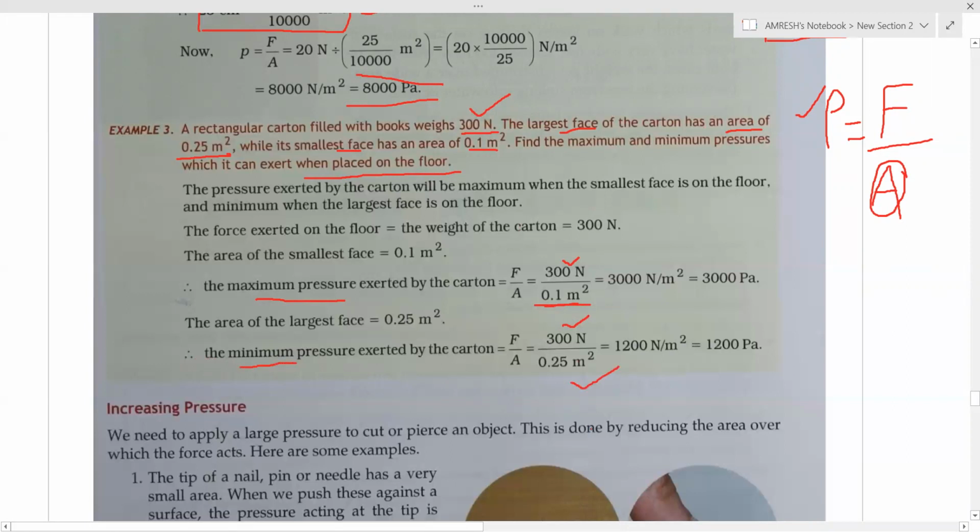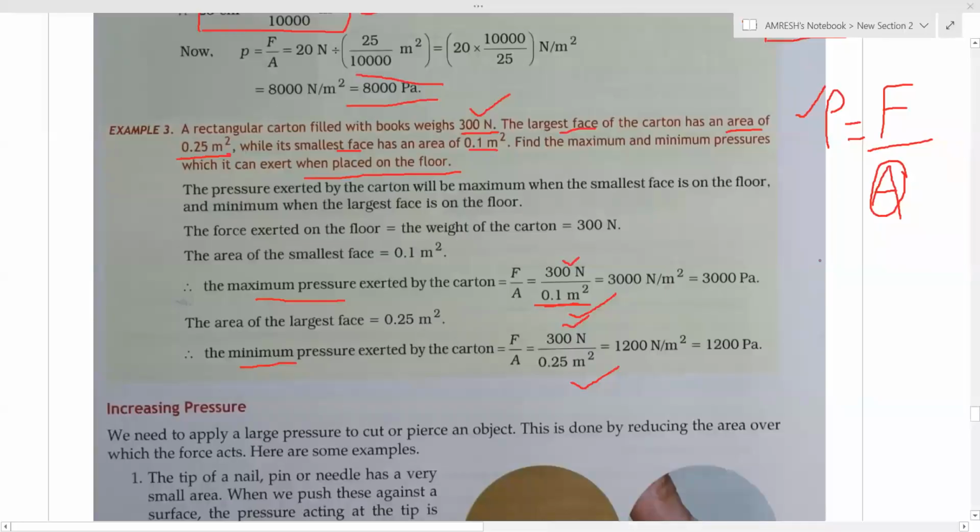I'm extremely sorry. Why? Because pressure and area are inversely proportional to each other. More pressure, less area. Less pressure, more area. Understood? Now you can solve this question and get the answer.